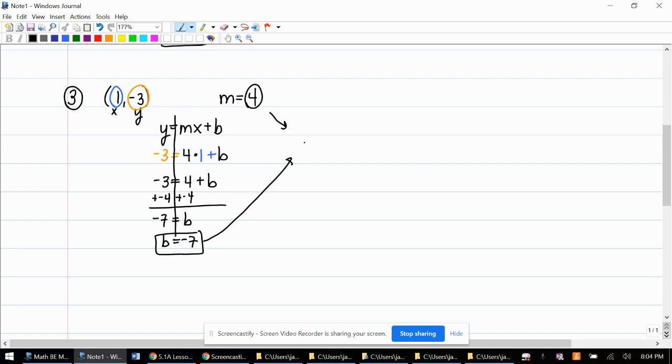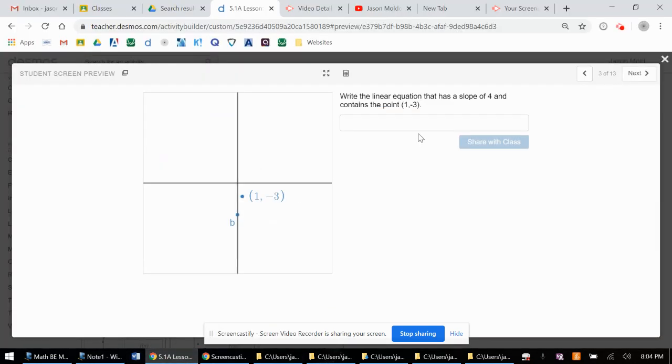We're done using it. And our equation was y equals mx, or 4x, plus -7. And then we'll go to our slide and we'll type it in and see if we got this one correct. And there it is. Share with class.